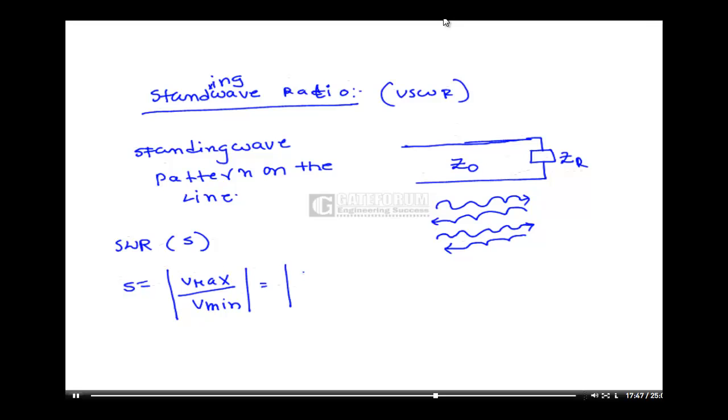Also it is equal to I maximum by I minimum, that is, maximum current on the line by minimum current on the line. Generally it is indicated with VSWR, and we will consider the formula Vmax by Vmin. The standing wave pattern is something like this on the line.